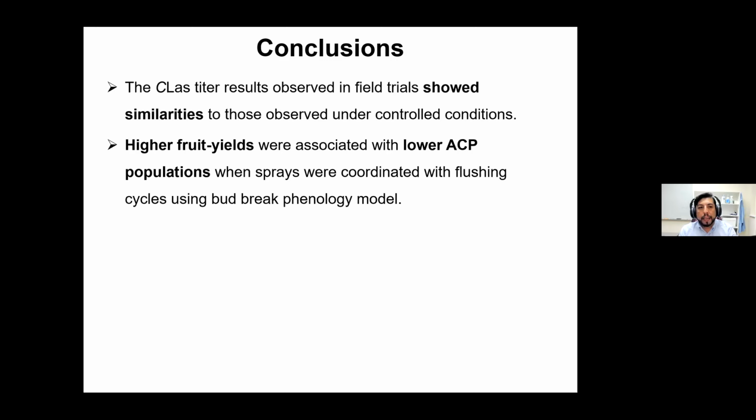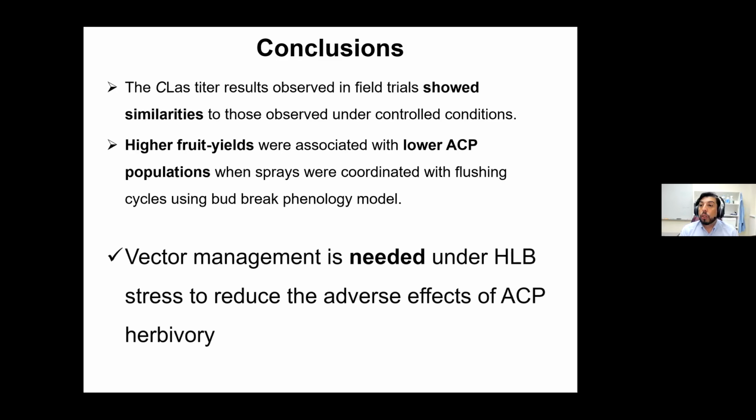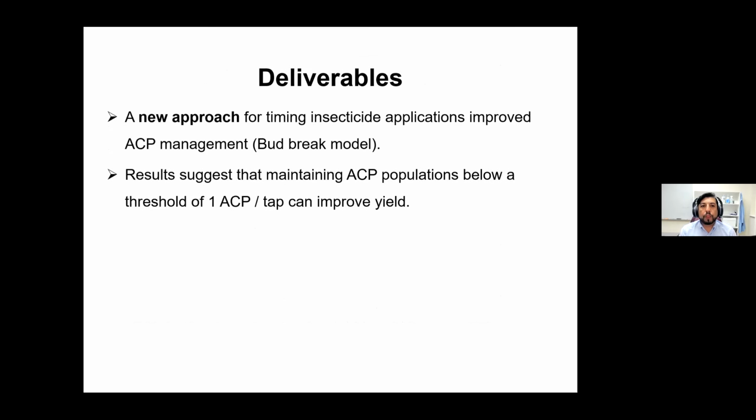Also, higher fruit yield was associated with lower ACP population when sprays were coordinated with flushing cycles using the bud break phenology model. So in summary, even if the plants are infected, vector management is still needed under HLB stress to reduce the adverse effect of ACP herbivory.